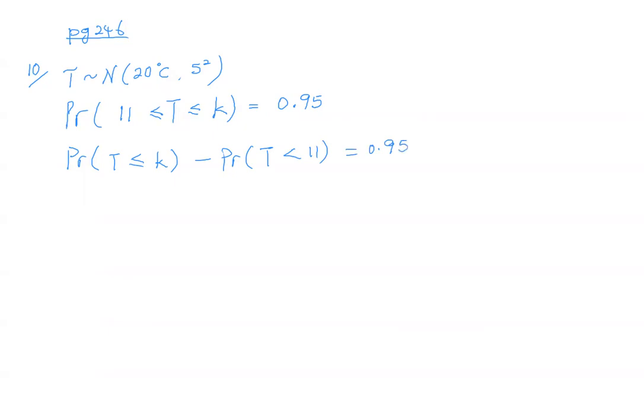Am I right? I hope I'm right. It sounds quite weird. Okay, so probability of T less than K is equal to 0.95 plus probability of T less than or equal to 11. Okay, so you take out your calculator.